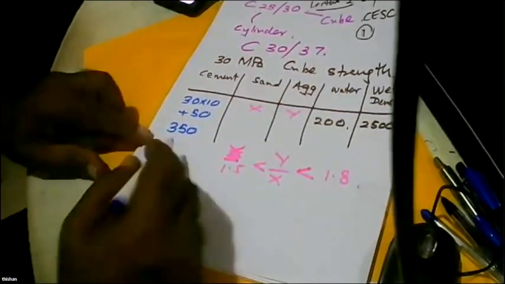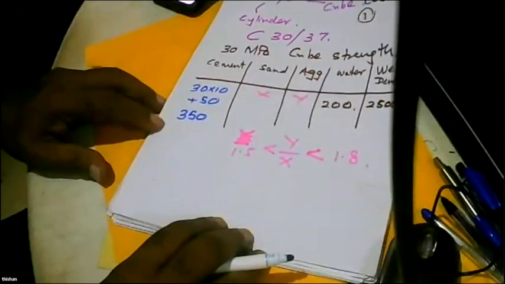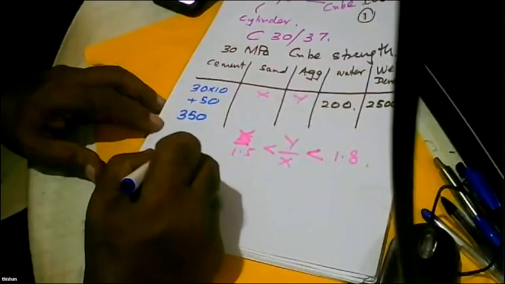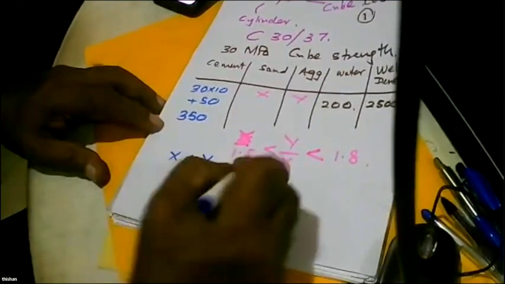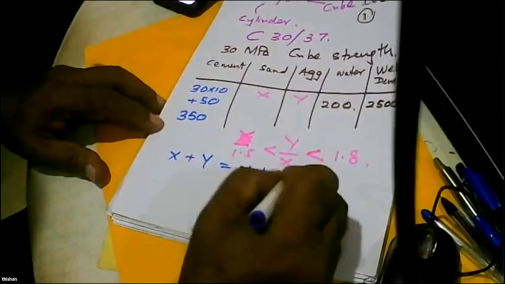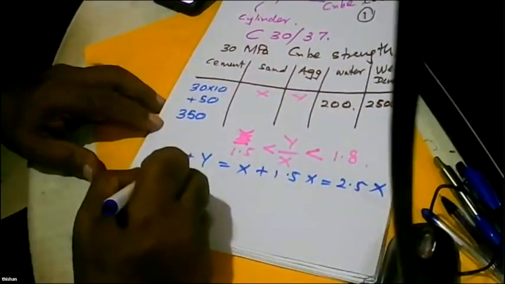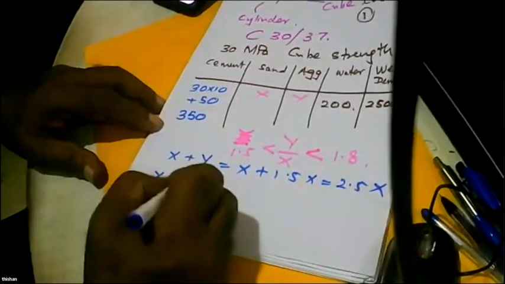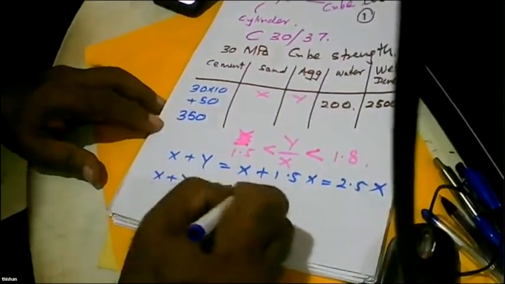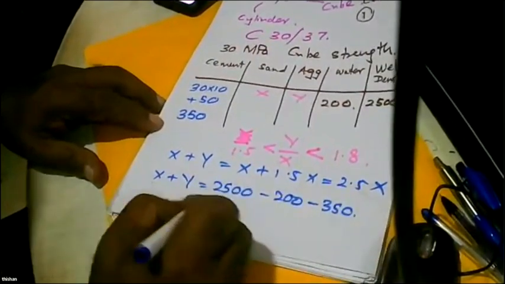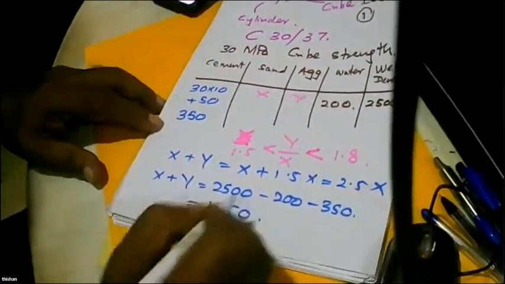Then when I looked at all these numbers, I thought, okay, now this is something special. That means x plus y is equal to x plus 1.5 times x, which is 2.5 times x. So x plus y is equal to 2500 minus 200 minus 350, and that gives 1950.